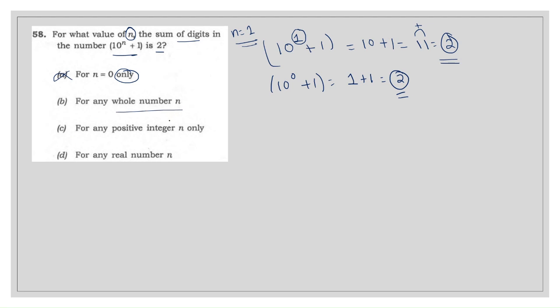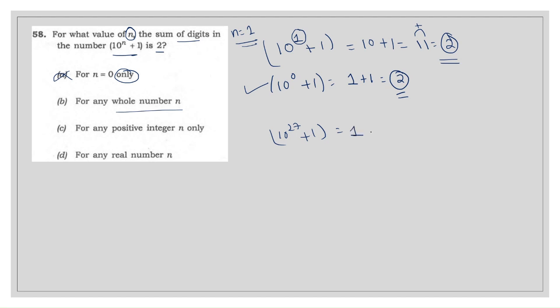So in this case, if you take any such number, whole numbers are basically the natural numbers plus 0. So 0 we have already checked. And if we take any other natural number, for example 10 raised to the power 27 plus 1, see, 27 means 27 zeros after 1.